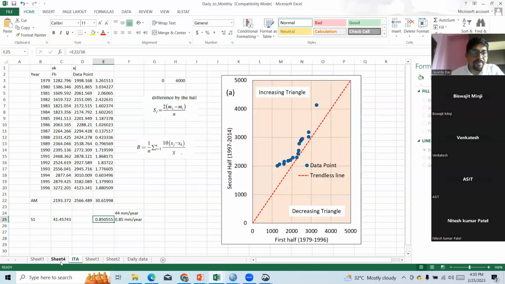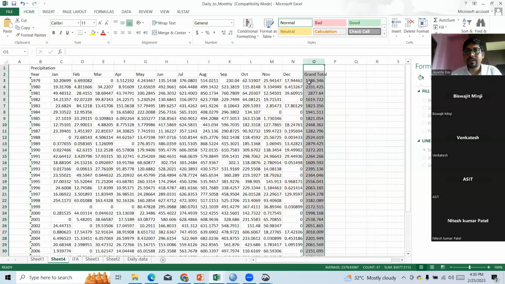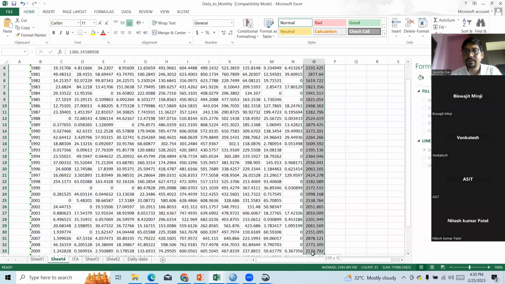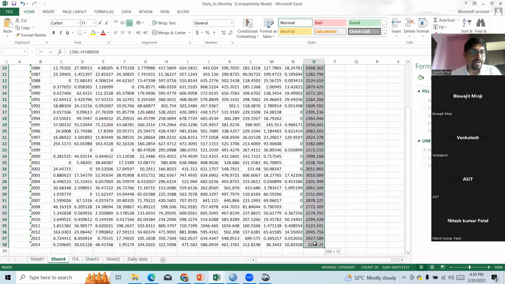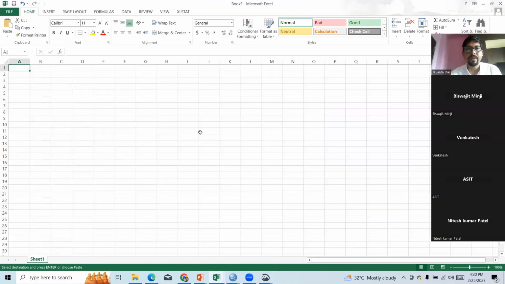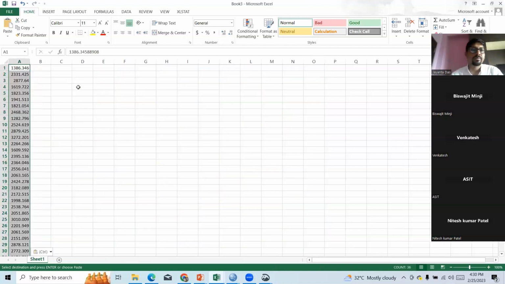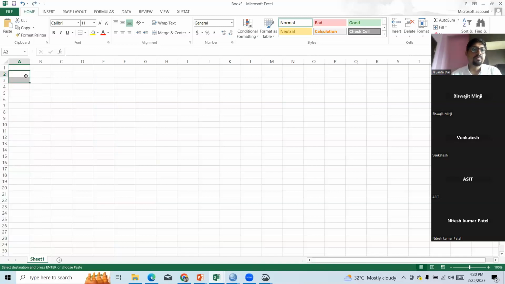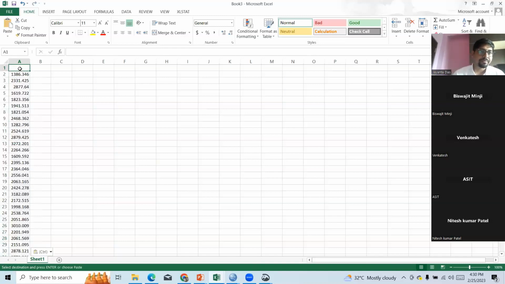Now I'll use the same data set for calculating the Mann-Kendall test and modified Mann-Kendall test. You can name it with any station name, suppose station 1.